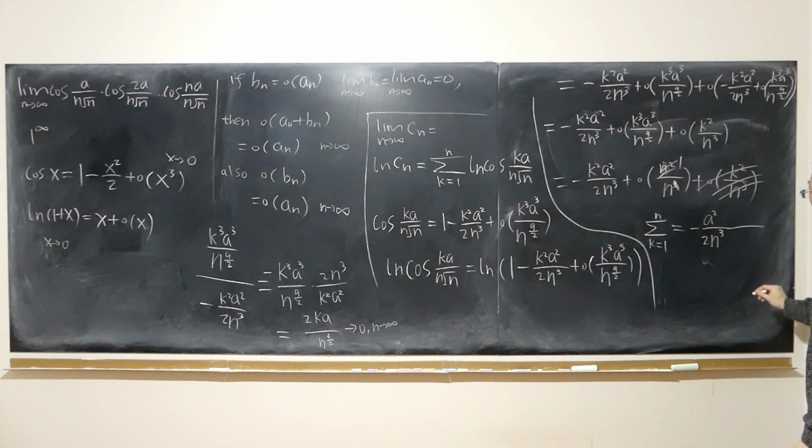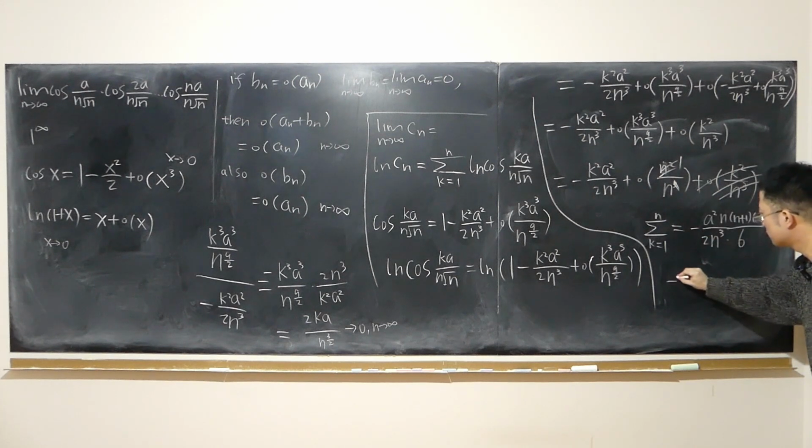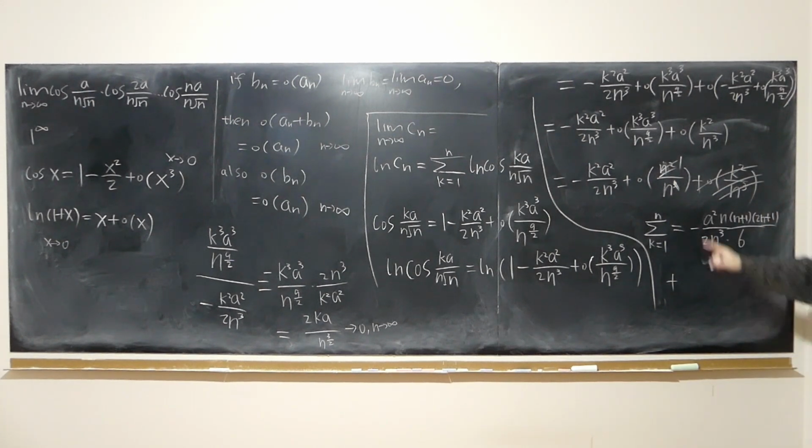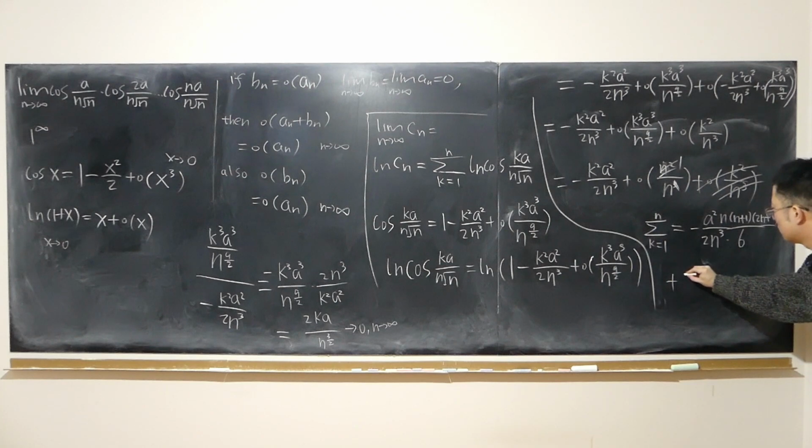And there's the formula: n times n plus 1 times 2n plus 1 over 6. And plus the sum of this. Every term is this, n repeated n times, little o of 1 over n.